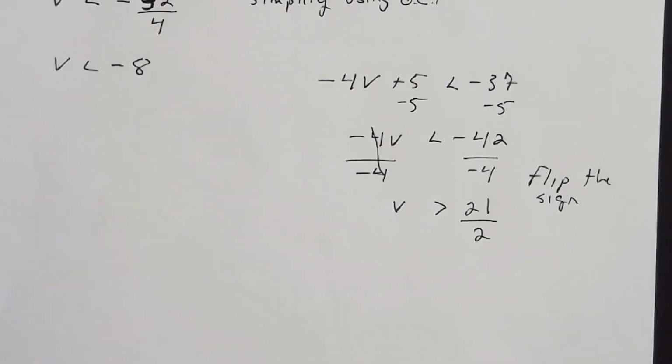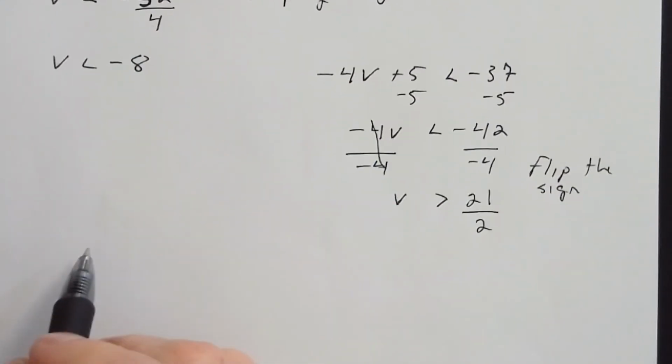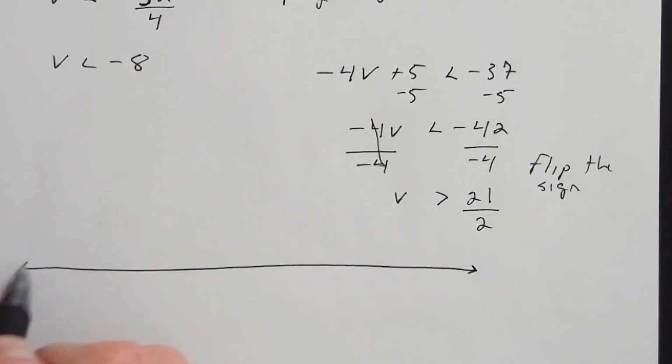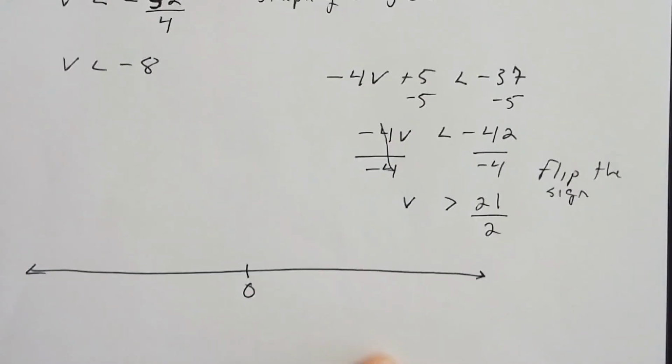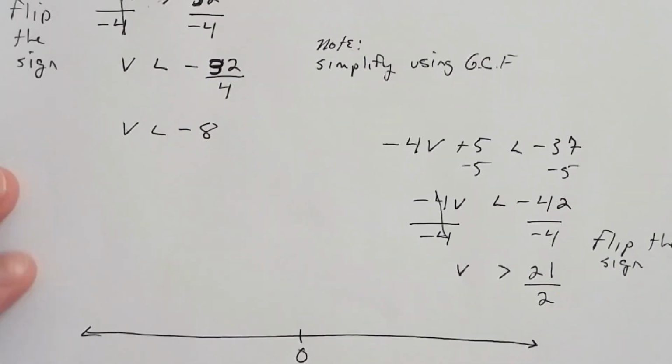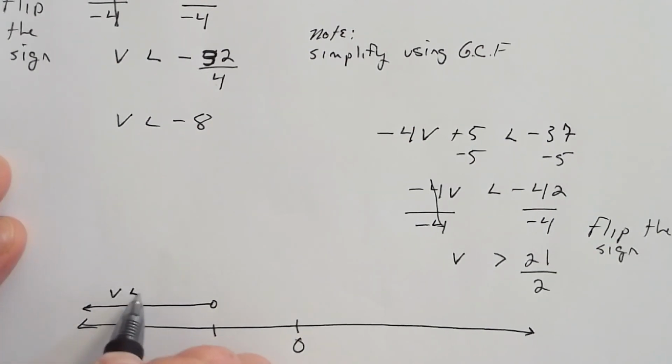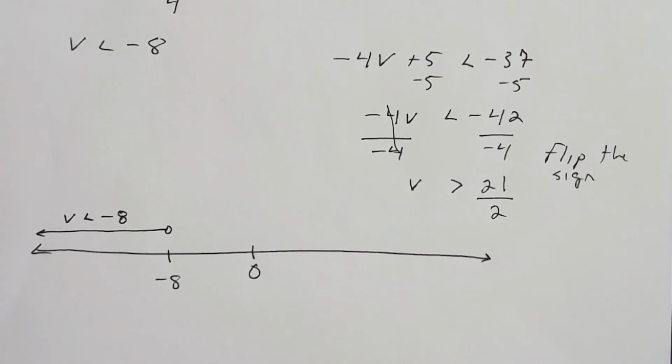Okay, so we're going to graph this. We have v is less than negative 8, so let's go ahead and put negative 8. And we have that v is greater than 21 halves, or 10.5.